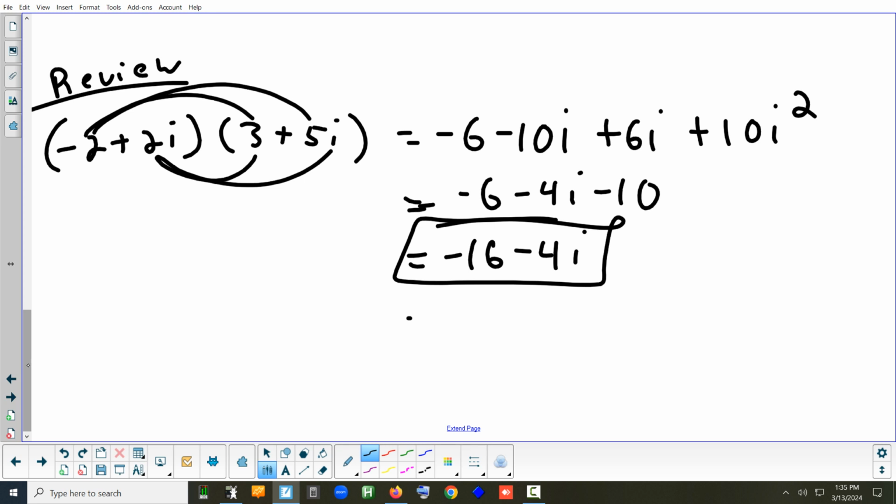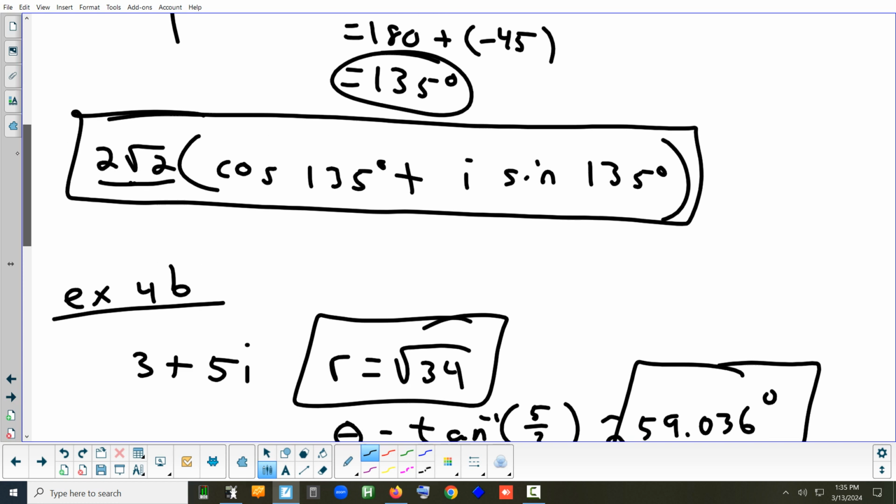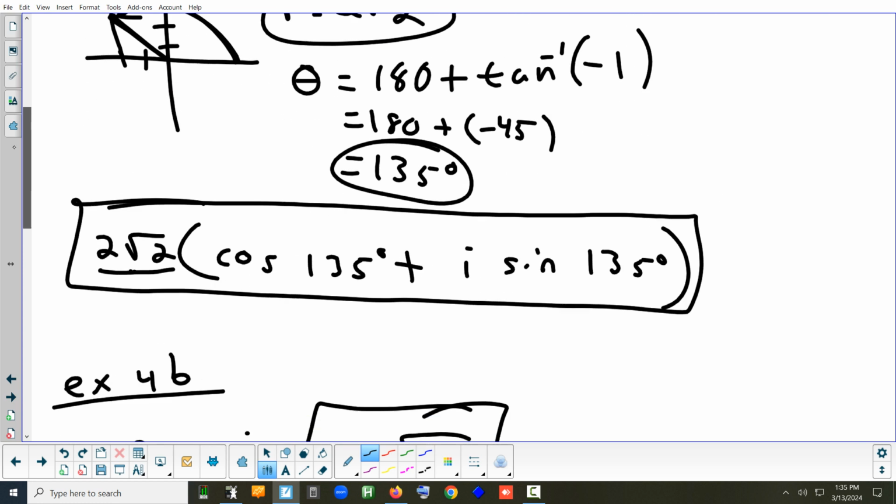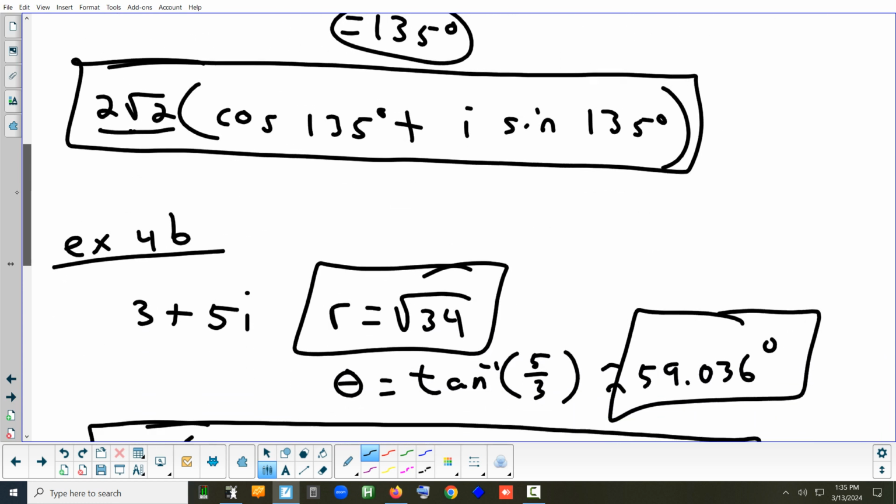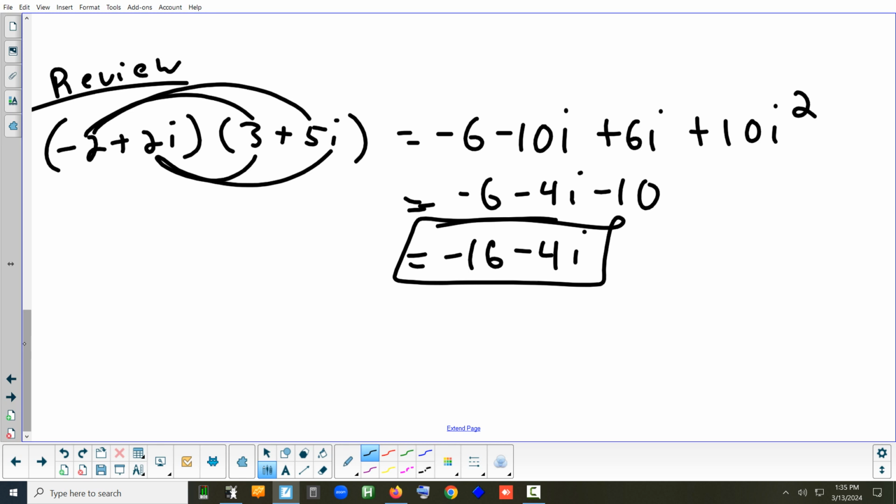Let's change that to trig form. -16 minus 4i. Remember, the two that we just multiplied together are the same two that we've already changed to trig form individually. Now we've multiplied them together, and we're going to change it to trig form. And I hope you notice something. Okay, let's start with our radius.